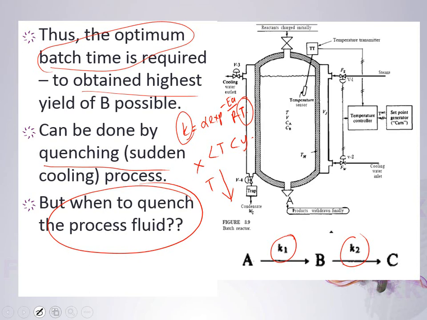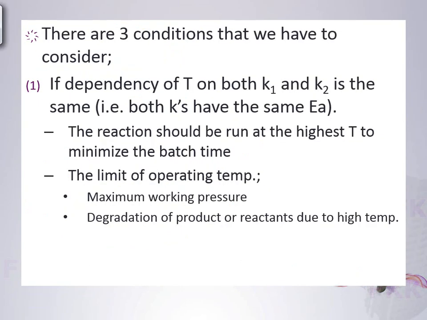So in order for you to do that, you can actually model the equation. Okay, model the process there. So these are the conditions that we have to consider. This is only a general guideline. If the dependency of T on both K1 and K2 is the same, meaning both Ks have the same activation energy, the reaction should be run at the highest T to minimize the batch time.